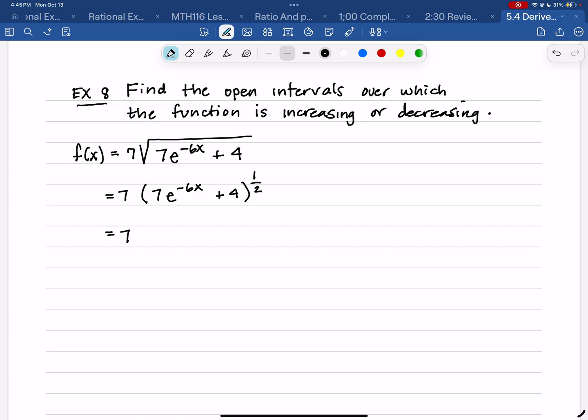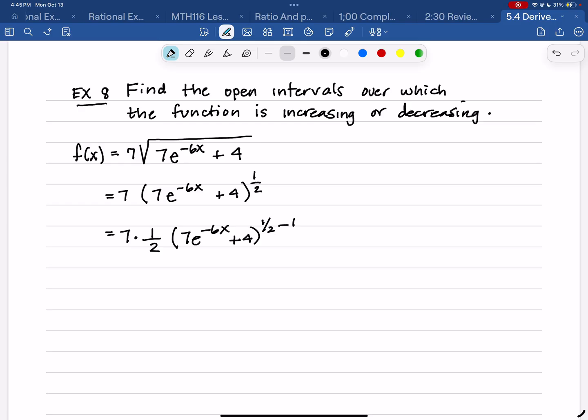So 7 times the power, base, let's see, that's not in the exponent, power minus 1.